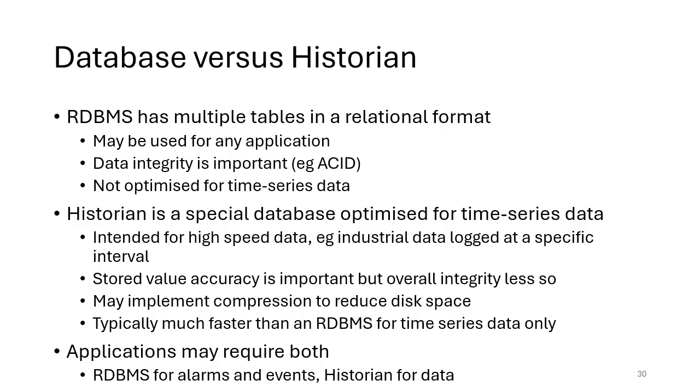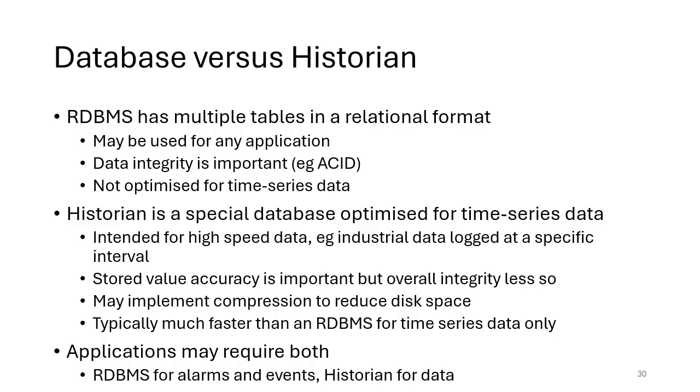Bear in mind your application may require both. You might want a relational database for alarms and events and a historian for time series data. In that case, it's important that you need to be able to link those two databases. The easy way of doing that is with a timestamp. So you might say for this particular alarm, which occurred at say 12 o'clock, your SQL query might do something like, let's retrieve the historian data between 5 to 12 and 12 o'clock to find out what happened before the alarm.